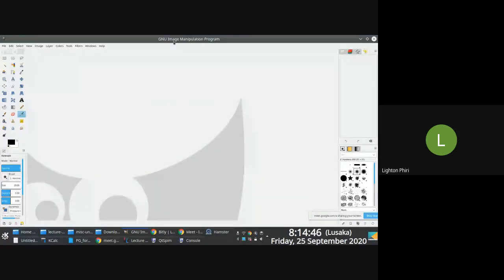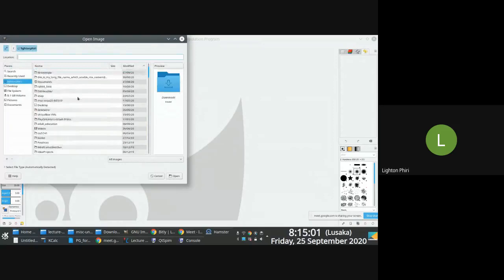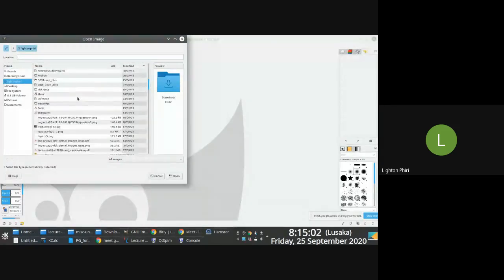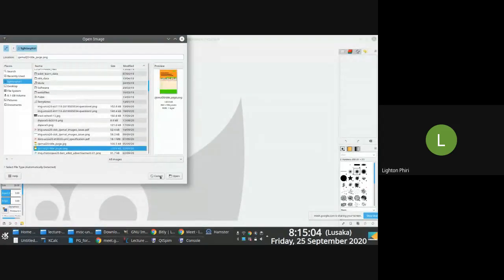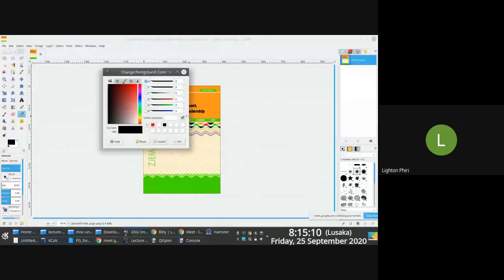And when I'm using GIMP and I'm trying to edit an image, for instance, part of what I would do is play around with the colors, right? Let's say I want this, for some weird reason, to be red.